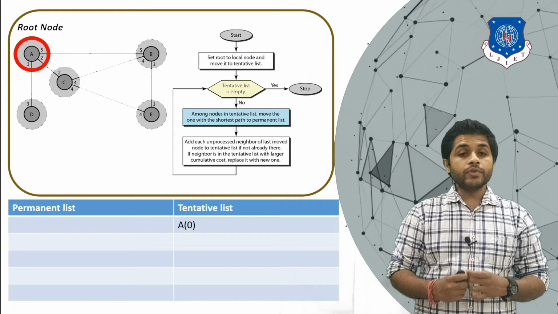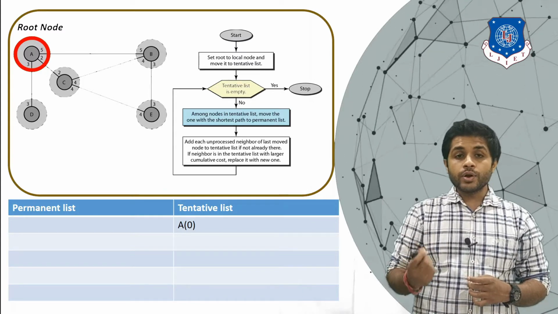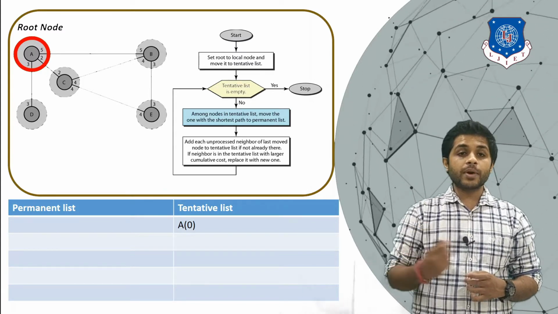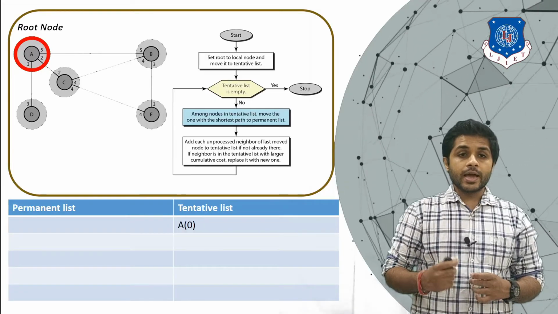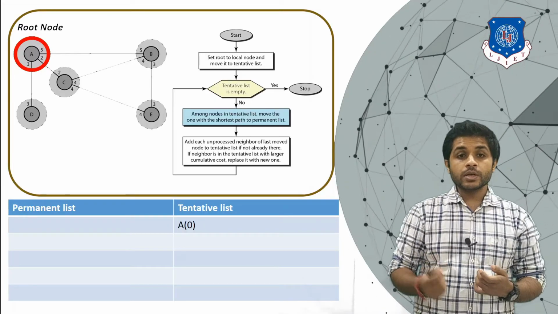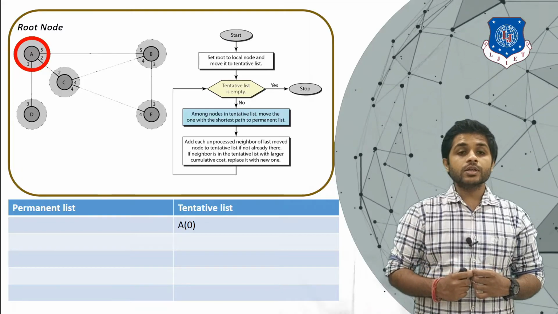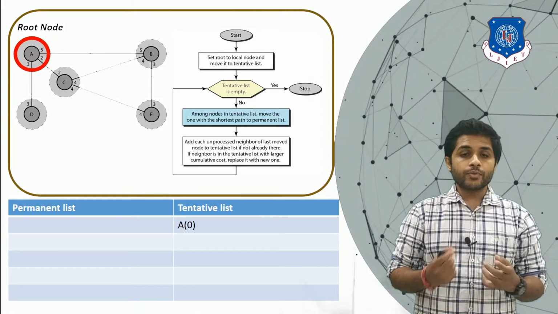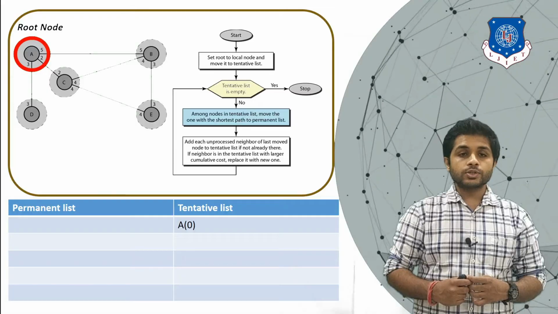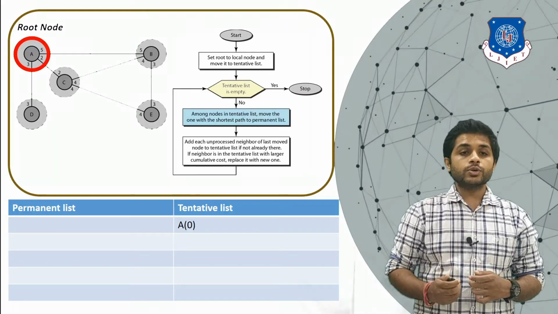After that, we will move a node from the tentative list to the permanent list. And which node will be moved? The node which is having the shortest distance. So right now we have only one node, so we will move that one node to the permanent list.